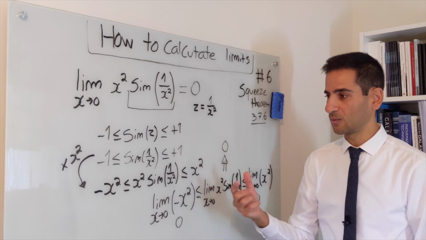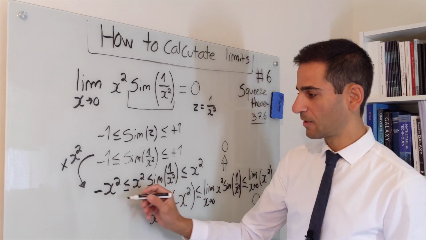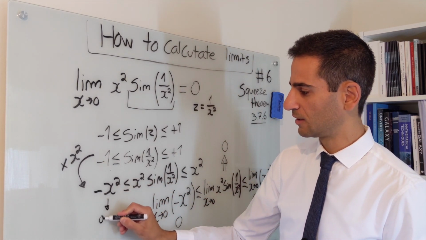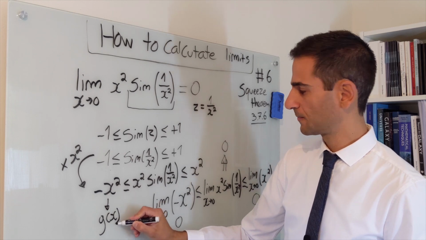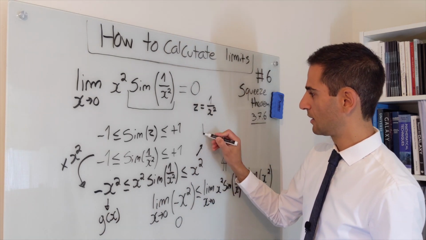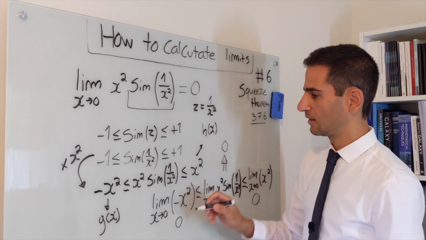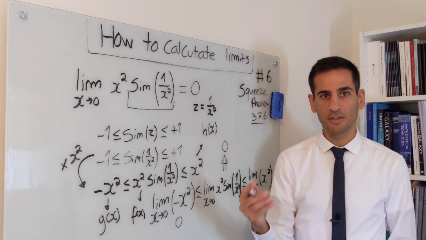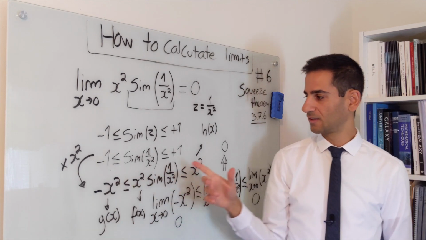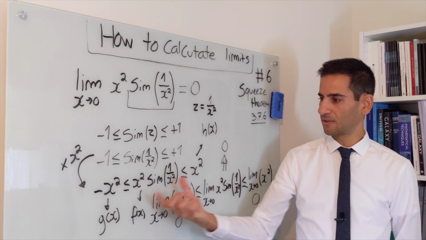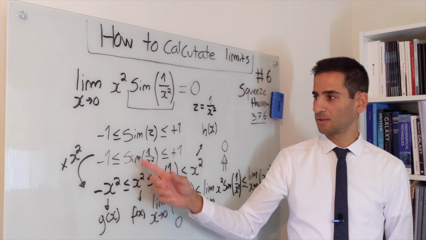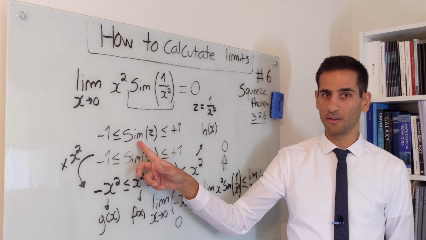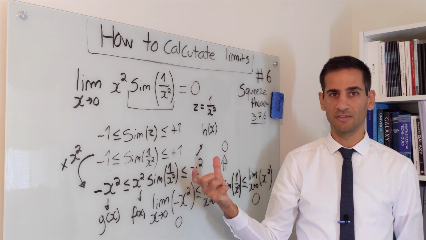Now in the process we have actually come up with functions that we could call, for example, g of x and h of x that are bracketing f of x. So actually, because these limits exist and these functions do bracket this one because it follows from here, we are in the conditions of the squeeze theorem.